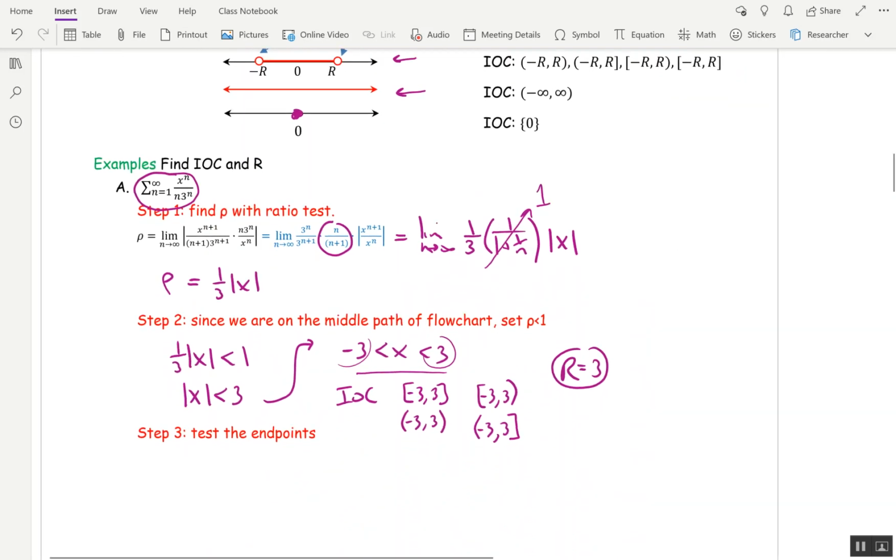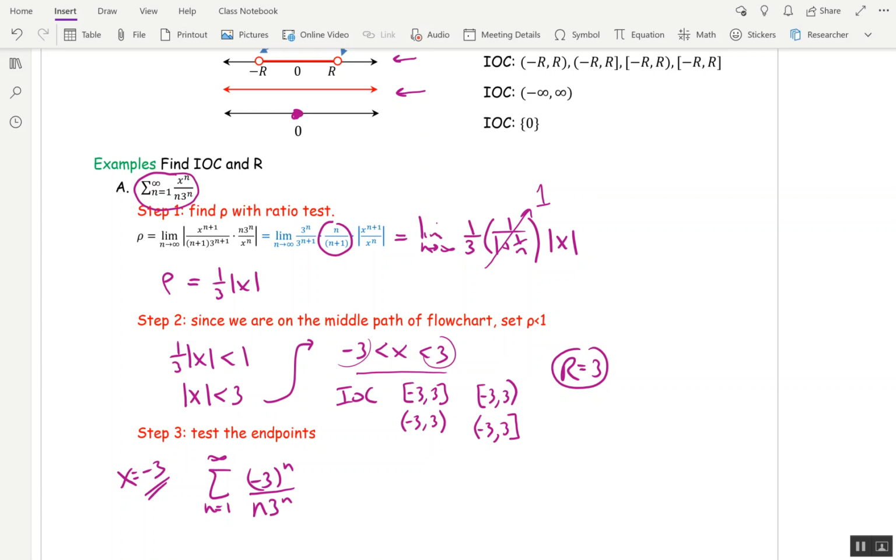So when x is -3, I'm going to plug that into the original power series at the top, -3 to the n over n times 3 to the n. Now I want to know if that converges or diverges.